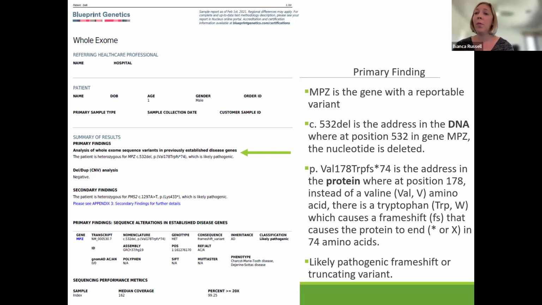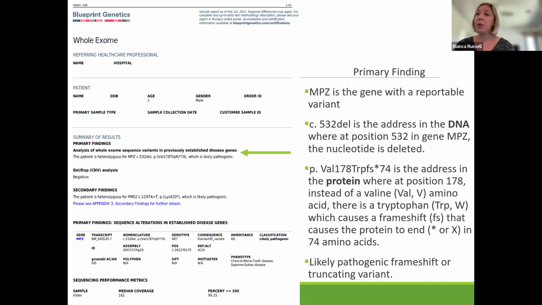The way that the lab writes that p. phrase is basically showing that the DNA change caused a change in the protein, which caused the protein to be shorter than it should be. This has resulted in what the lab is calling a likely pathogenic frameshift truncating variant. Frameshift because when this specific deletion happened, it shifted how the protein amino acids were read, and then it truncated it. It made it shorter in the end.